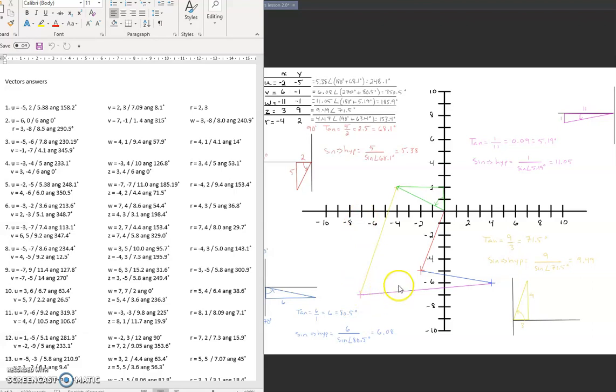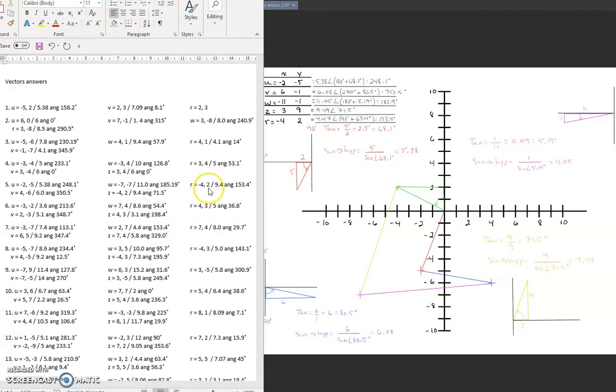Then we went 9 on the y, which gets us to positive 2. So -4, positive 2 is where the end of that vector is lying, right here. We have a magnitude of 9.4, angle 71.5 degrees.